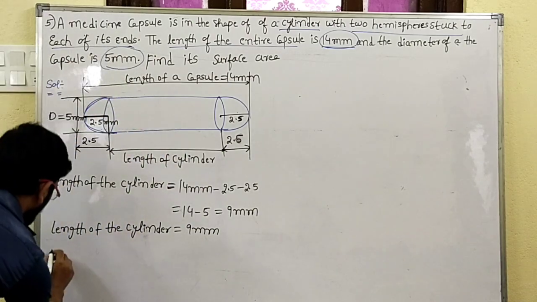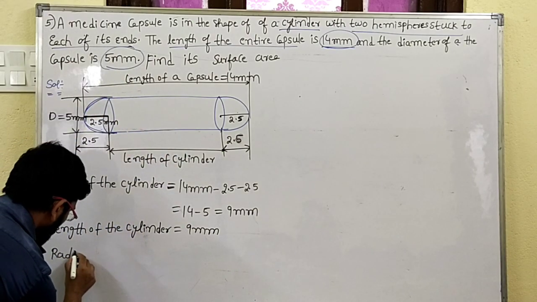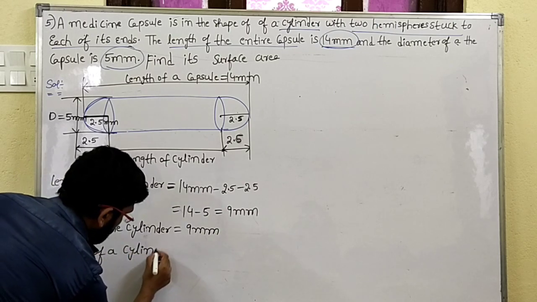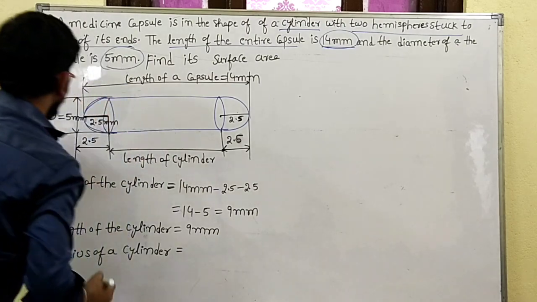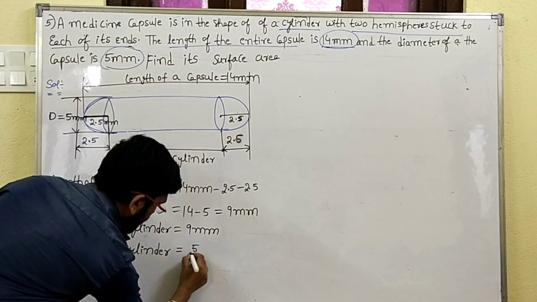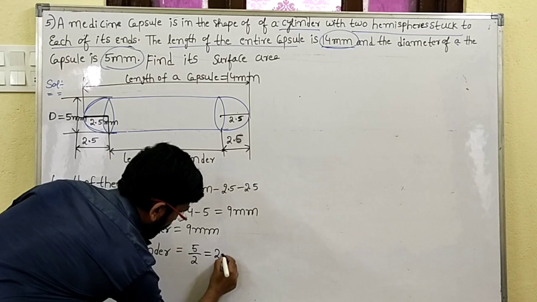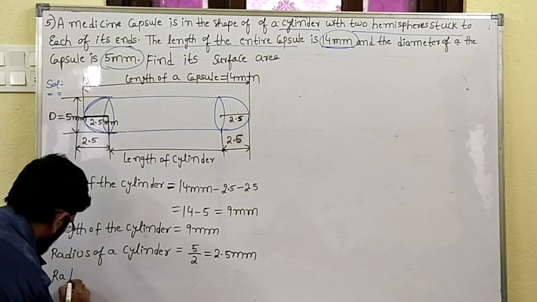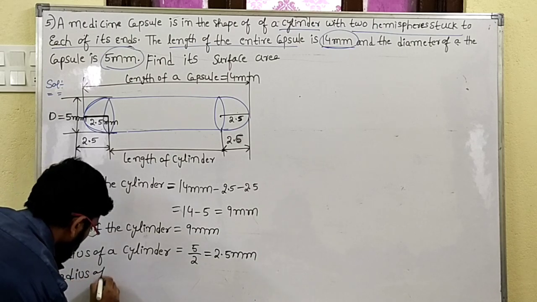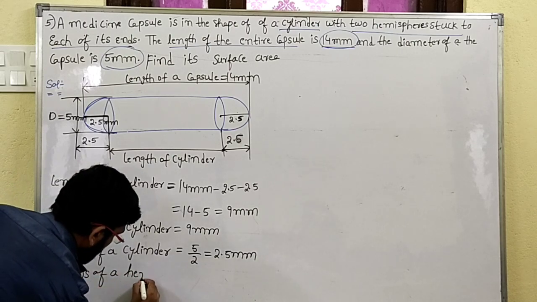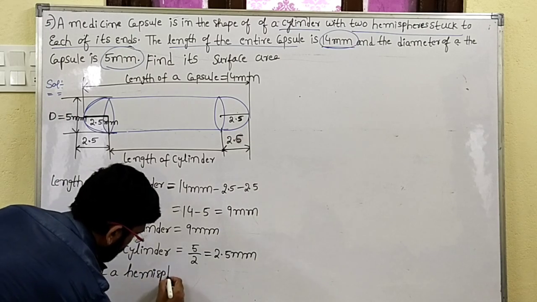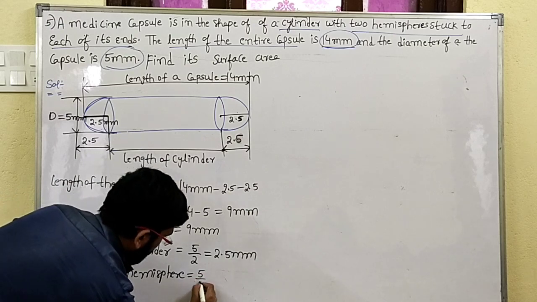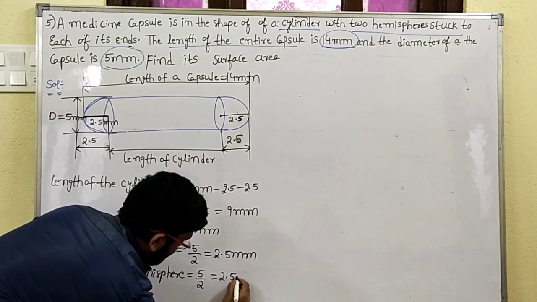Next, the radius of the cylinder is equal to 5 by 2, which is 2.5 mm, whereas the radius of the hemisphere is also 5 by 2, that is 2.5 mm.